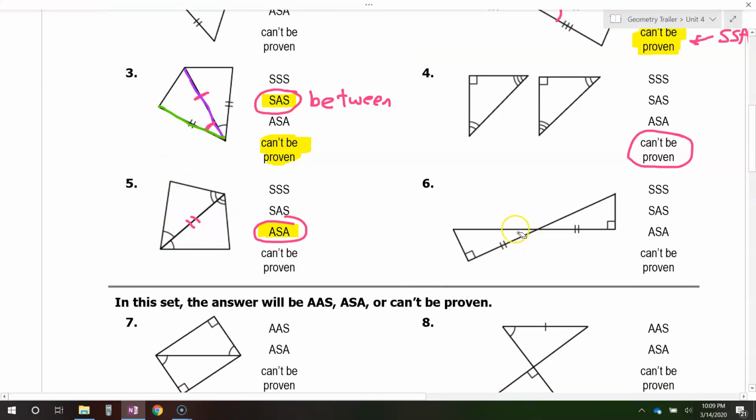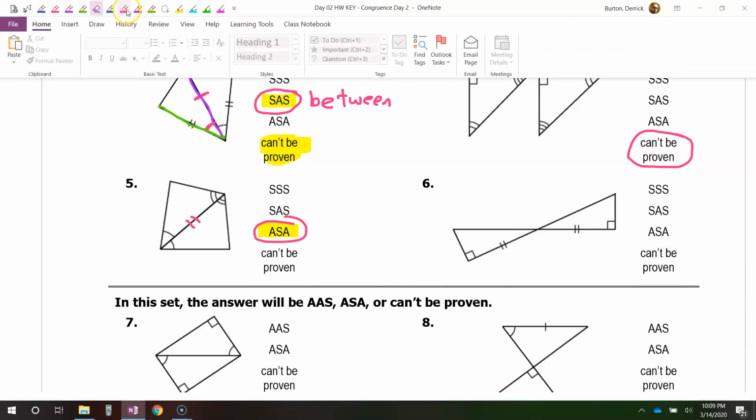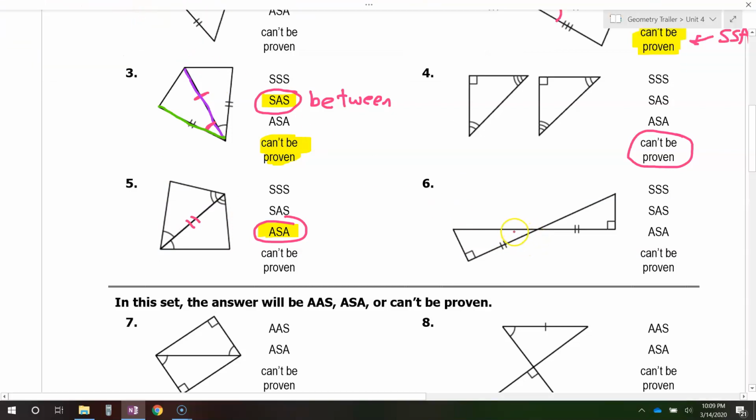All right, jump over to problem number 6. Can you see the vertical angles that I must mark? All right, so these are vertical angles right here. If I just focus on one triangle at a time, like this triangle, for example, I'm noticing that I have two angles and a side.